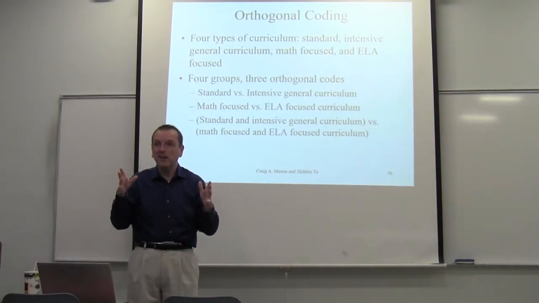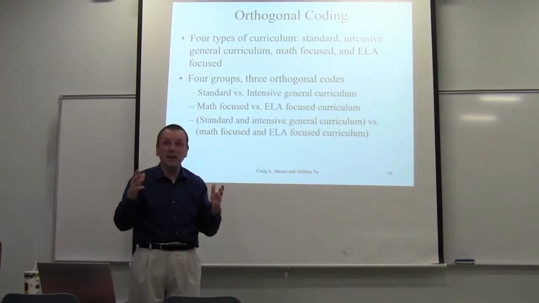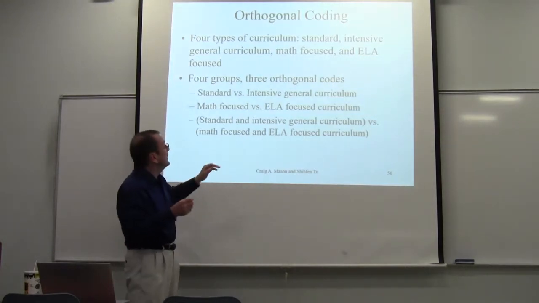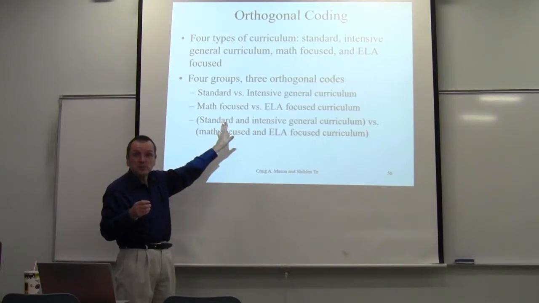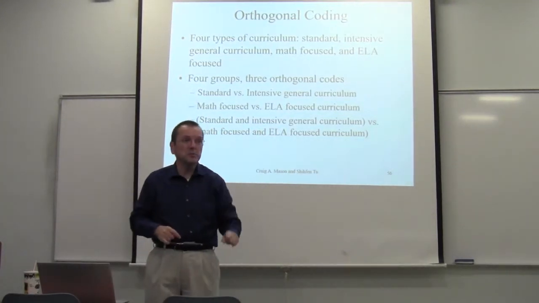They're going to be a sloppy, gooey, little variable kind of related to curriculum but not curriculum. So if you've got these sorts of questions, I want to compare these two groups. I want to compare those two groups.